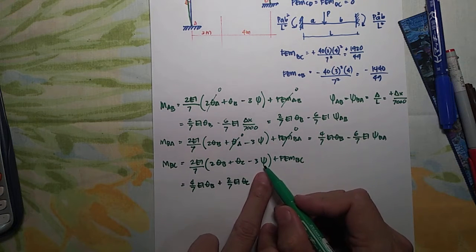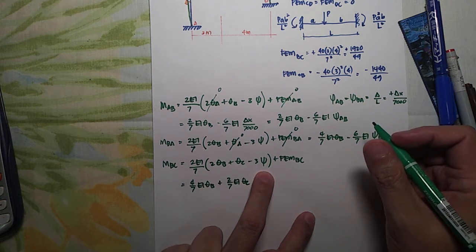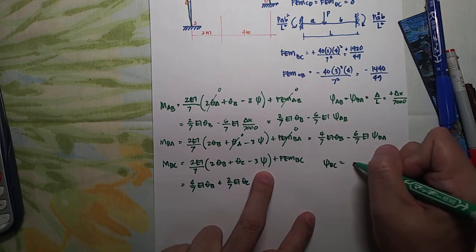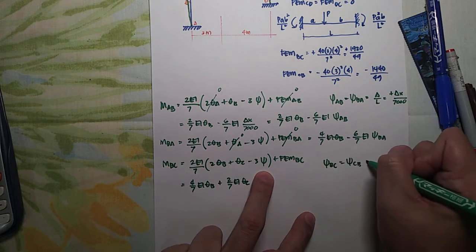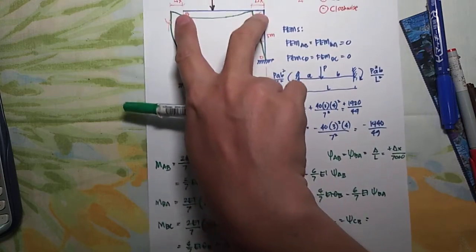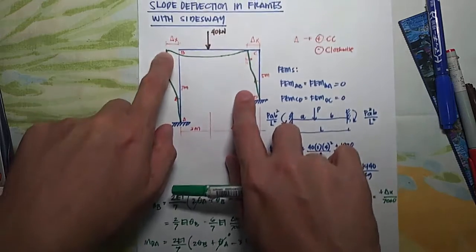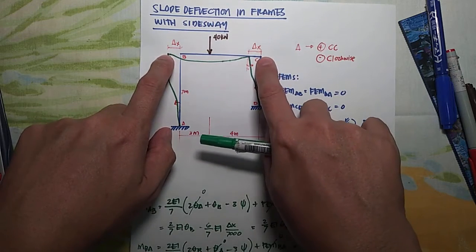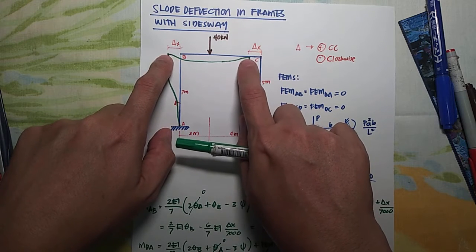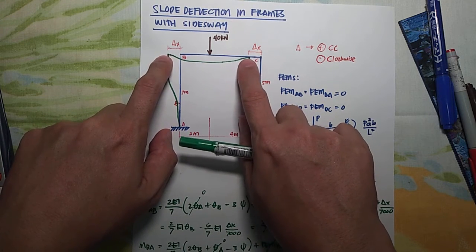What is the psi for BC? The psi for BC is equal to the psi for CB. Since the original point B is here, the final point B is there. Point C original is here, the final C is there. So the relative displacement between points B and C is just 0.